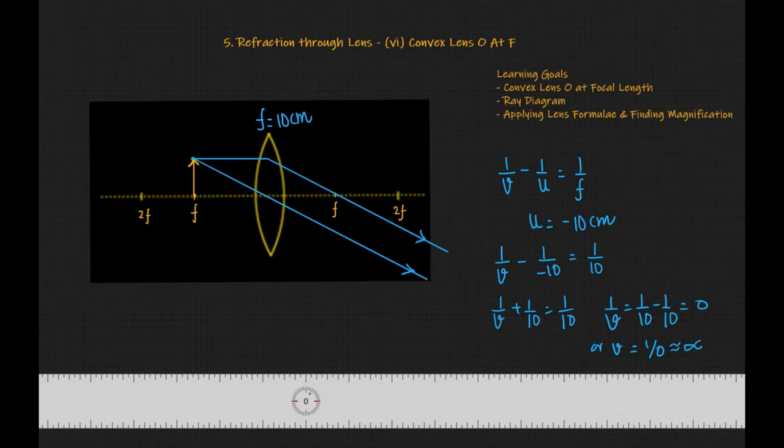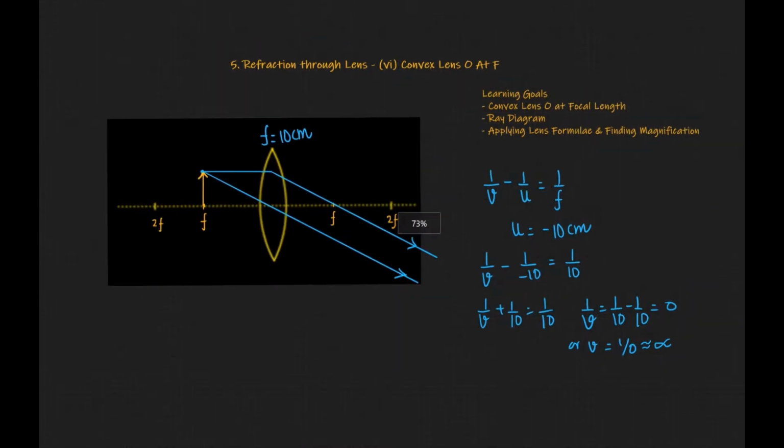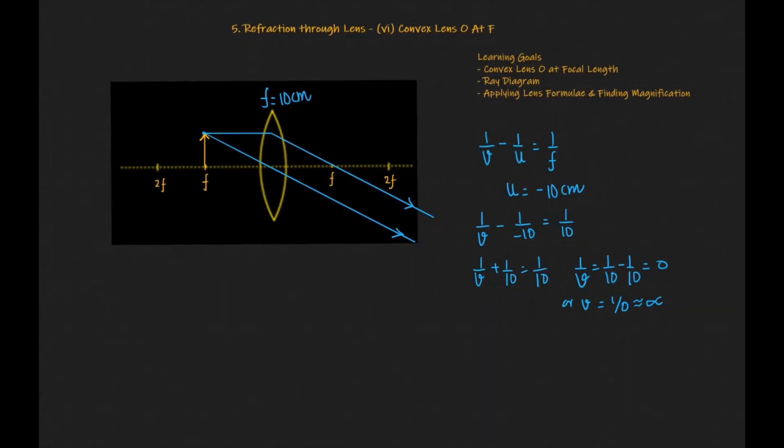Now, you may be wondering, but we did see an image on the wall, which is the image of the filament. How is that possible? To understand that, let's imagine that instead of u being minus 10, let u be equal to minus 10.1 centimeters, which is very close to the focus but not exactly focus.